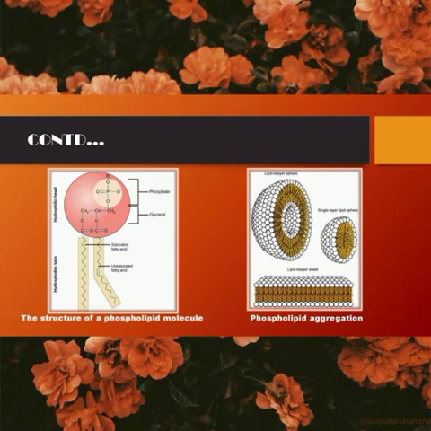A phospholipid molecule consists of a 3-carbon glycerol backbone with 2 fatty acid molecules attached to carbon 1 and 2 and a phosphate containing group attached to the 3rd carbon. The phosphate head has a polar character or negative charge and the fatty acid tails have no charge.